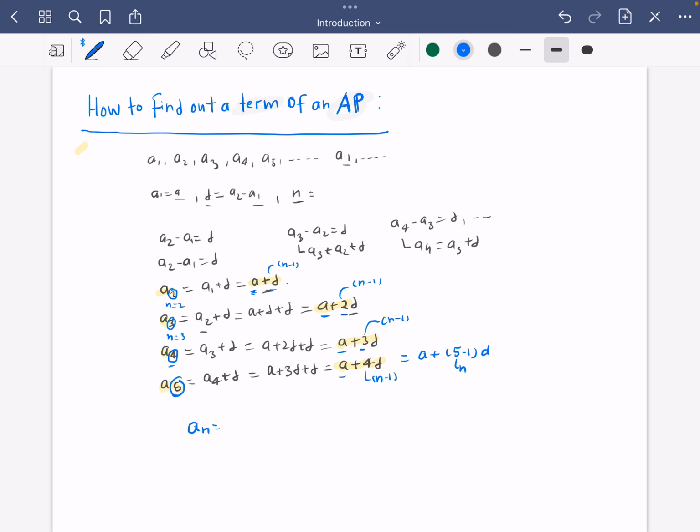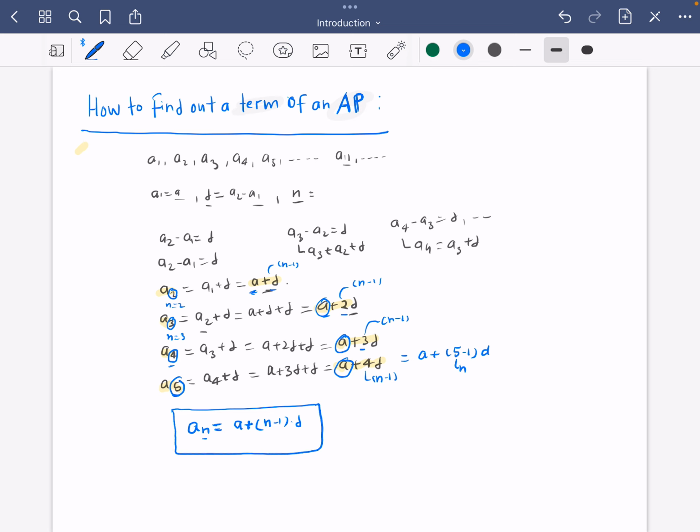So any term of an AP is the first term A, which is always there, plus this value, like 2D, 3D, 4D, 5D, which is always going to be 1 less than n, the number of the term, times the common difference.